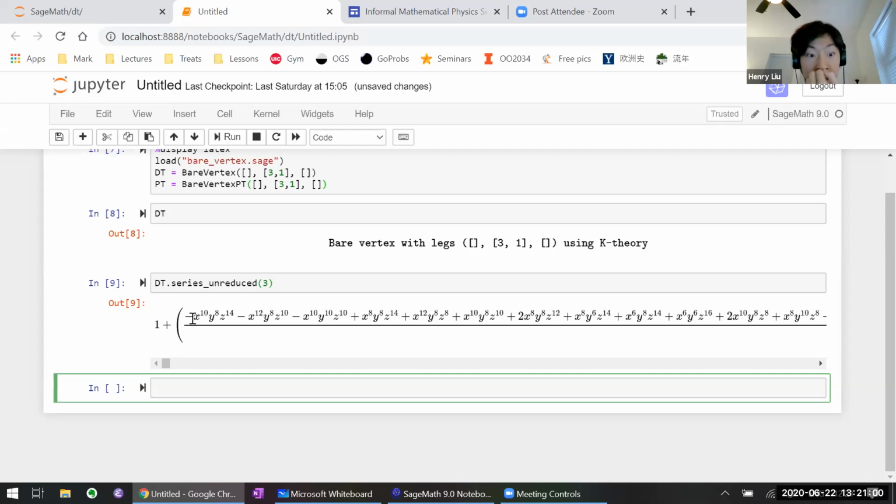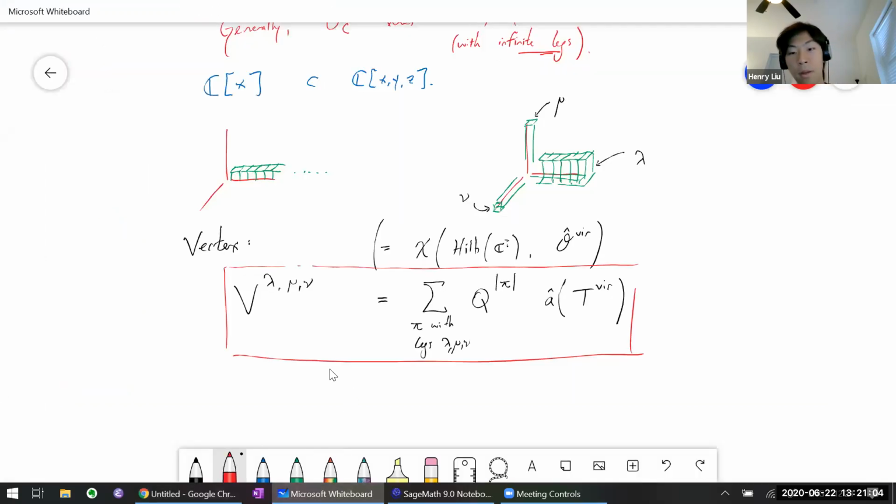Okay, so I see, thanks. Essentially these coefficients will all come from this a hat term. It's kind of like in cohomology, if you do an equivariant integral, you'll get non-trivial functions of x, y, z as the coefficients. Okay.